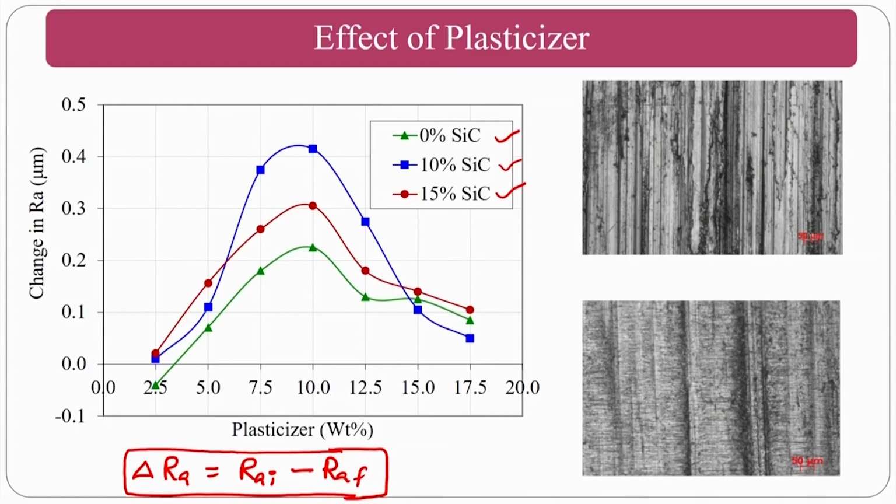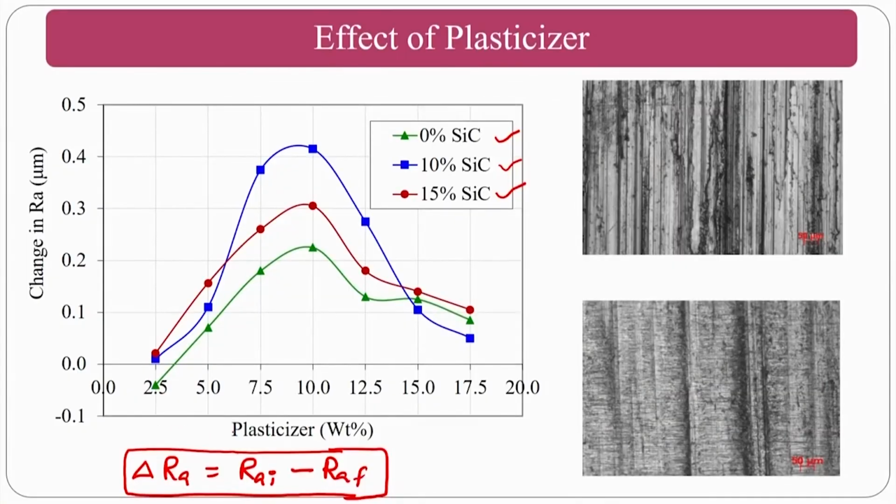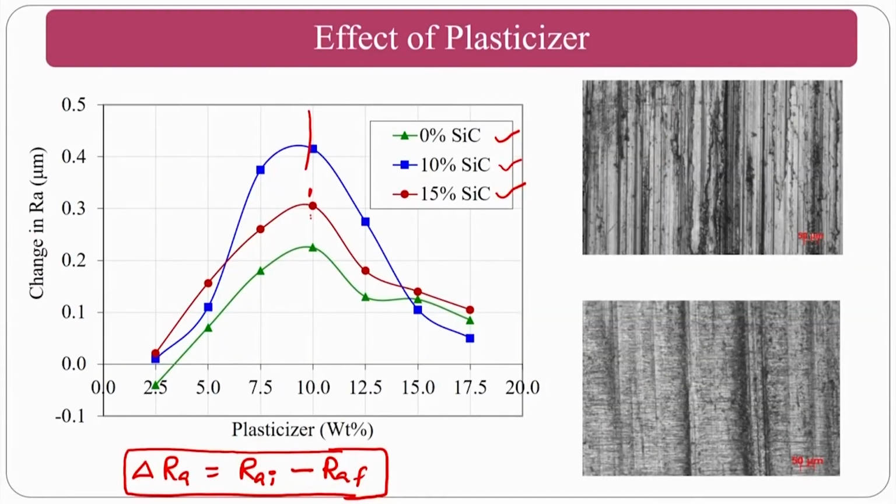If it is maximum, that means that the finishing is improved a lot. As you increase the plasticizer content, the medium gets better flowability and abrasion. That is why, as you move from 2.5 towards 10, the medium gets better flowability and abrasion.